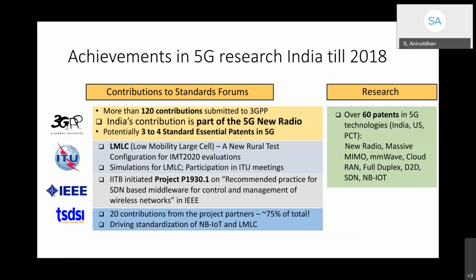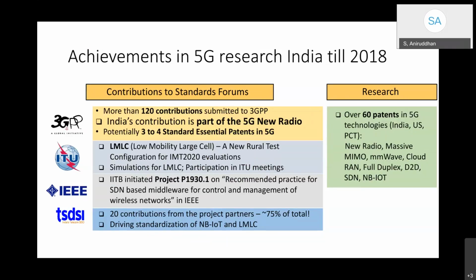And I will just point out that there have been over 60 patents in 5G technologies from India covering various aspects of the 5G standard. And more than 120 contributions have been submitted to 3GPP. LMLC is going to be an important part of the rural portion of 5G.